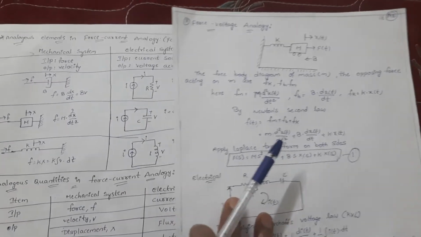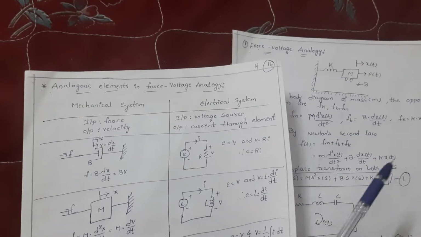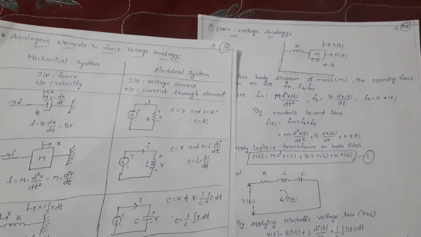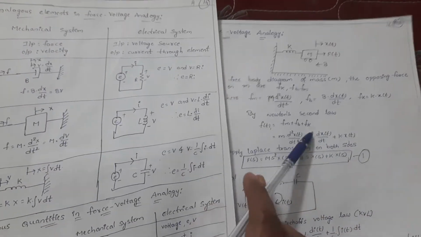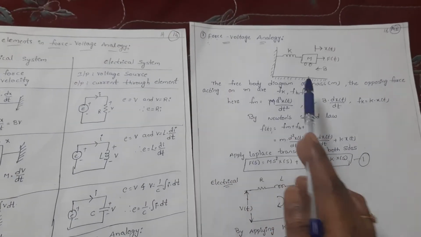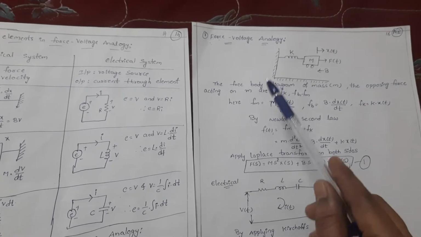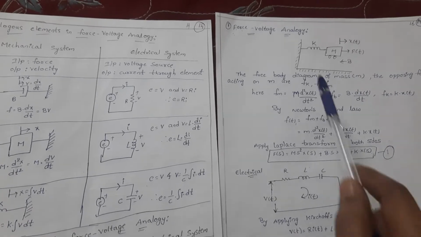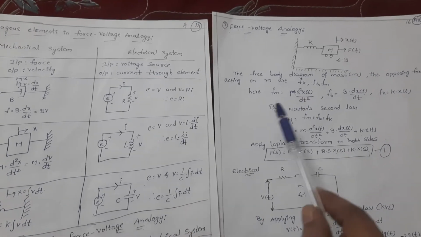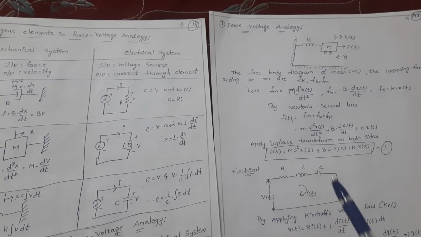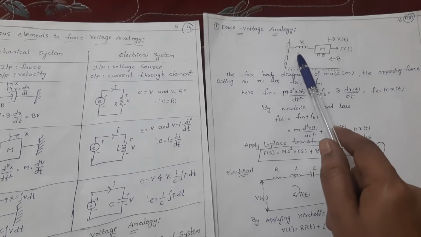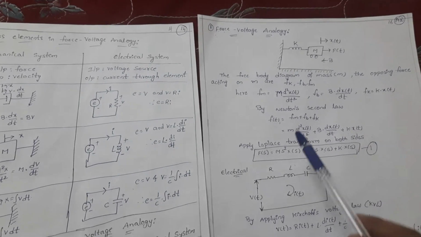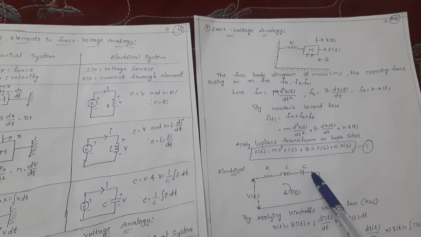What we studied in force voltage analogy, we should replace dashpot with a resistor, K with capacitor, and M with an inductor. In force voltage, all these are in series connection, all in a straight line.